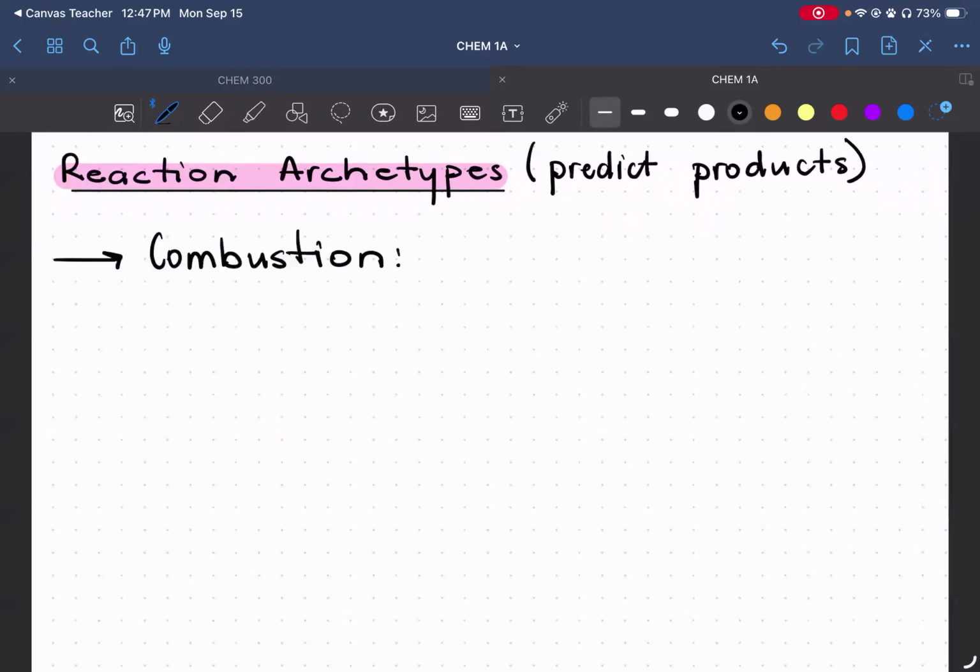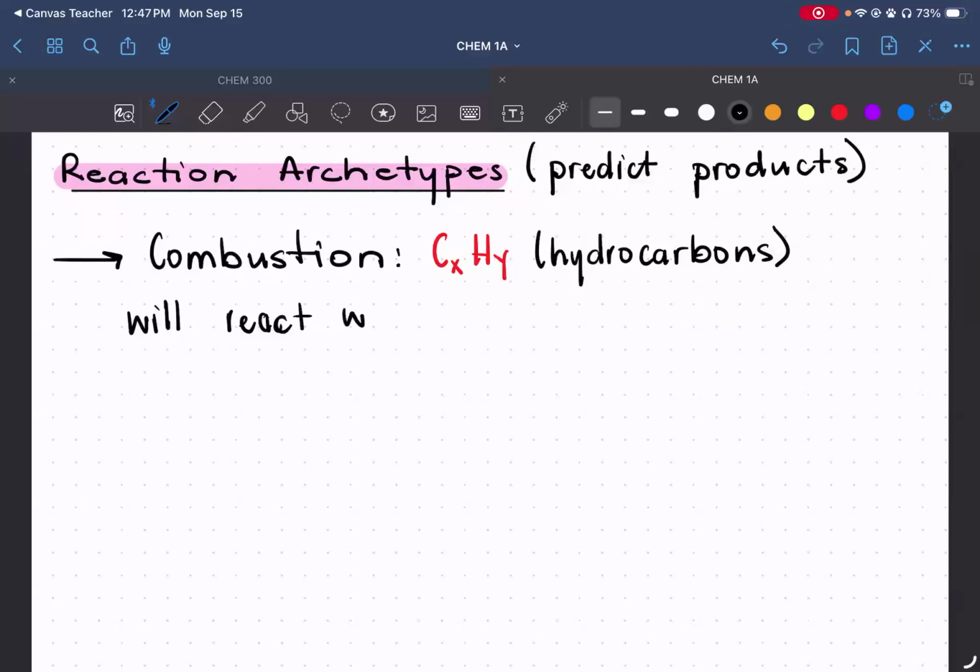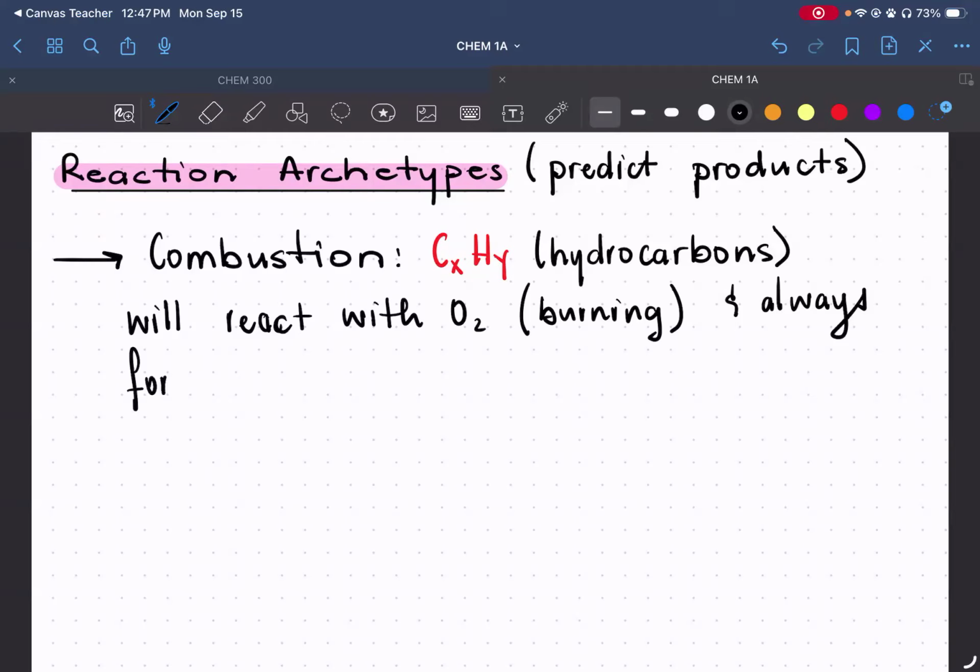Within combustion, compounds of the form CxHy, sometimes colloquially referred to as hydrocarbons, will react with oxygen, aka burning, and always form CO2 plus H2O.